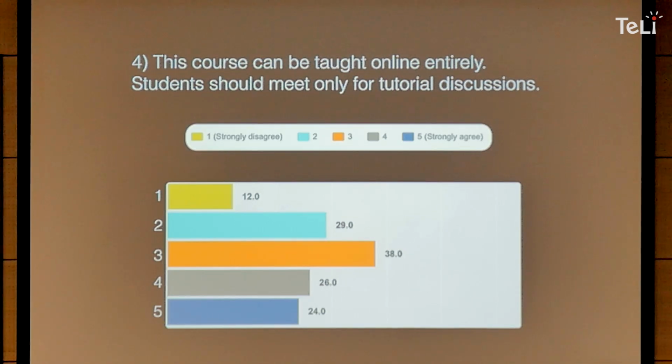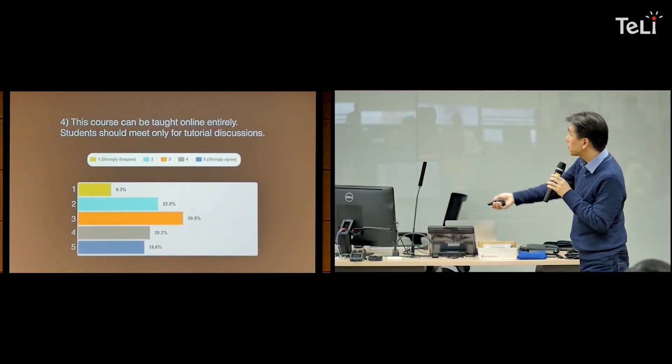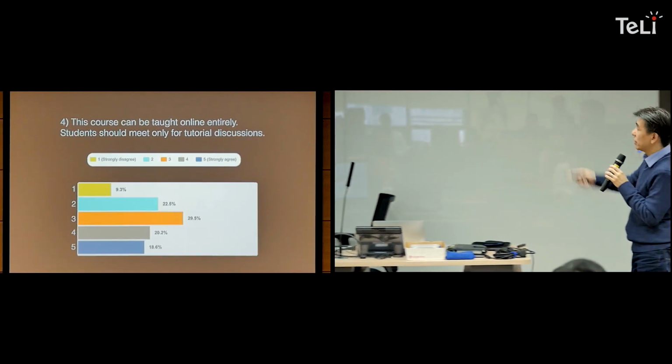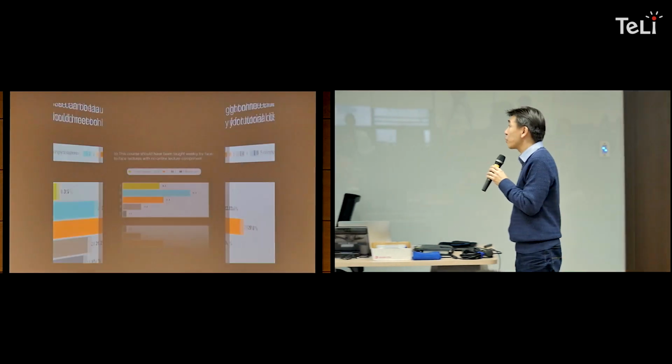Other students said, no, I want to keep some face-to-face component in the lectures. Again, tutorials were all face-to-face, but I'm asking about lectures. Right? 38 students, which is close to 30%, they said, either way. Yeah. So at least for my class, it seems most students want to keep some sort of face-to-face lecture time. Yeah. But it's really split on this one.